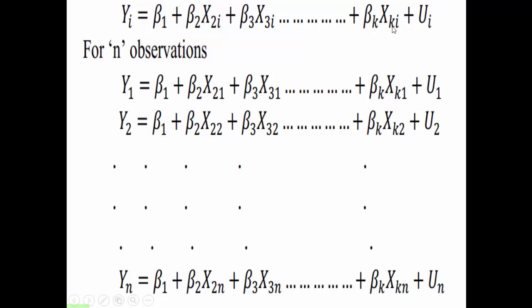Xki means the kth independent variable for the observation yi. If we extend it to n observations of y, we can write separate equations for y1, y2 till yn.